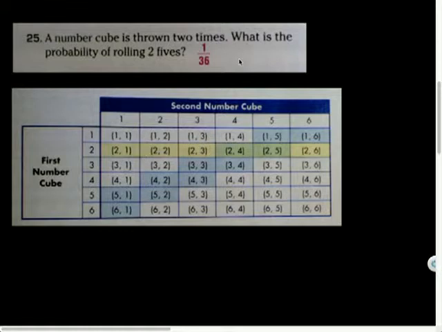So what's the probability of rolling 2 5s? Well, one way out of how many total? 36. So the probability of 2 5s is 1 out of 36.